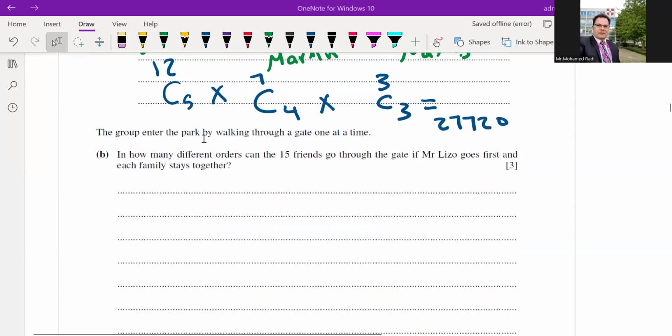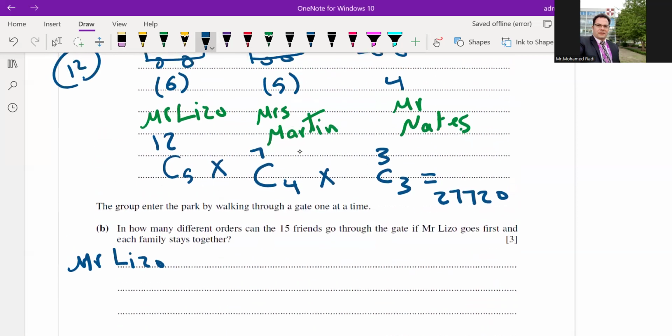The group entered the park by walking through a gate one at a time. In how many different orders can the 15 friends go through the gate if Mr. Lizo goes first and each family stays together? Let's first arrange Mr. Lizo. So how many members are left? There are 14.